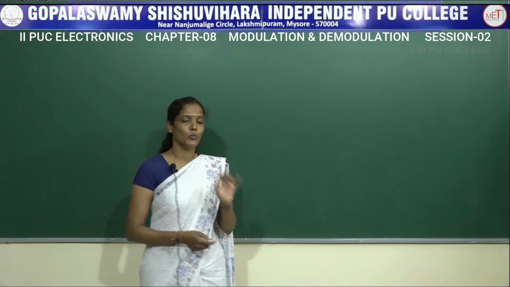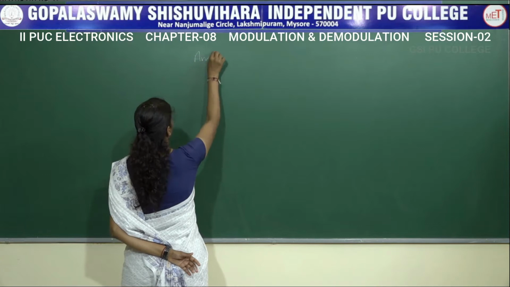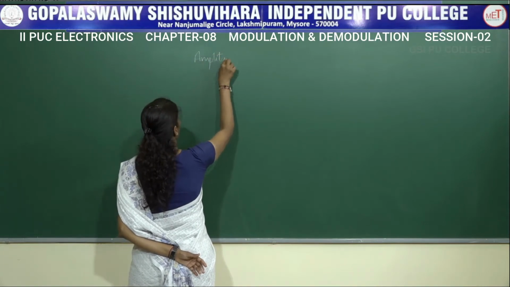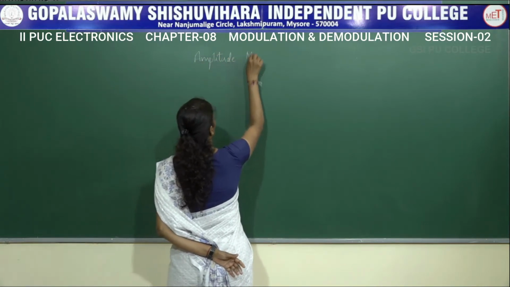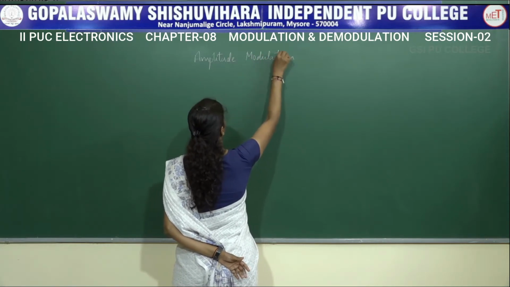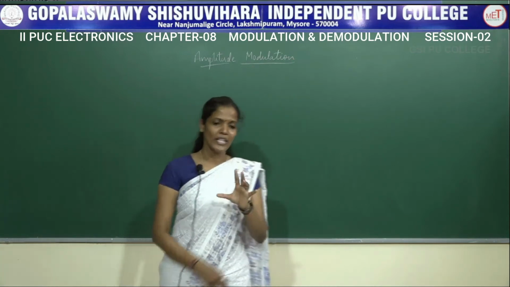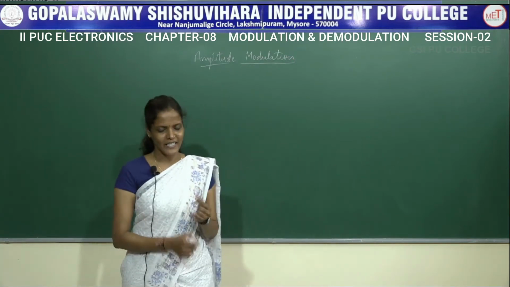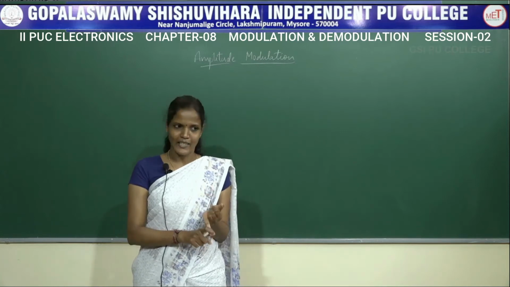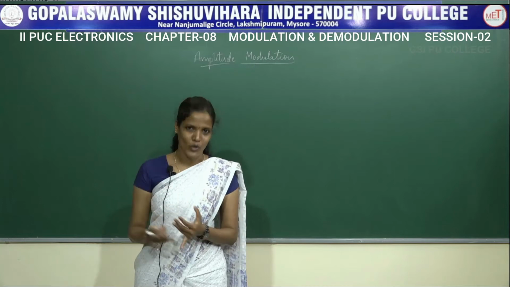In today's session, we will be starting with amplitude modulation. In the last session itself, we discussed the definition of amplitude modulation. For a modulation, we need two separate signals. One is called the modulating signal, which is nothing but the actual signal which has to be transferred from one place to another place.